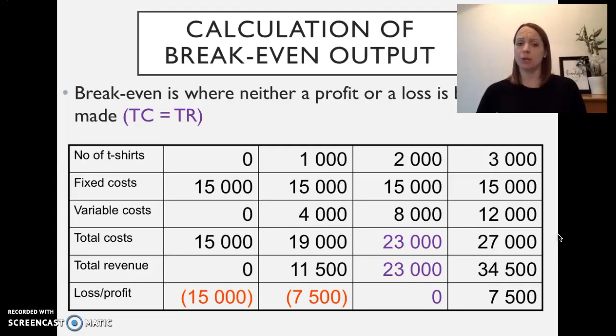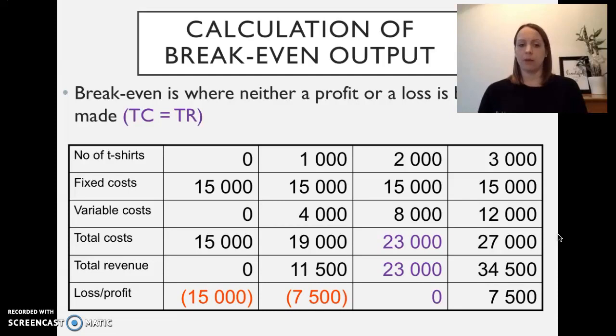But in month 2, you can see that I've got variable costs of 4,000, month 3, 8,000, and month 4, 12,000. Now, earlier on in the PowerPoint, I showed you how to calculate your total costs. That's your fixed costs plus your variable costs, and that will give you your total costs line.